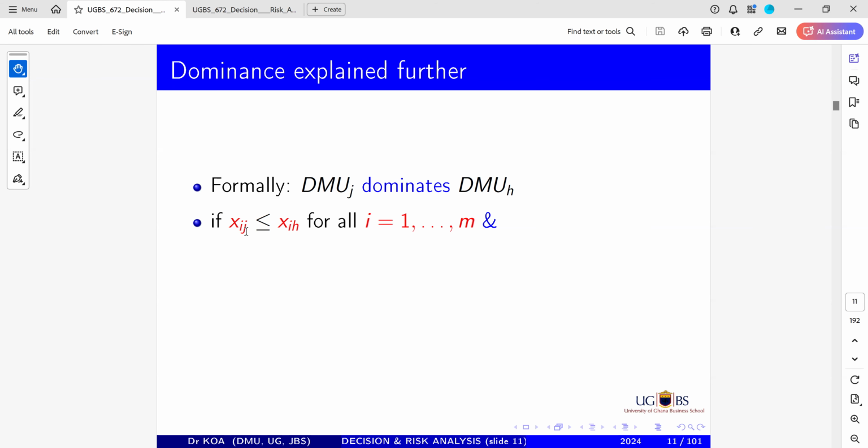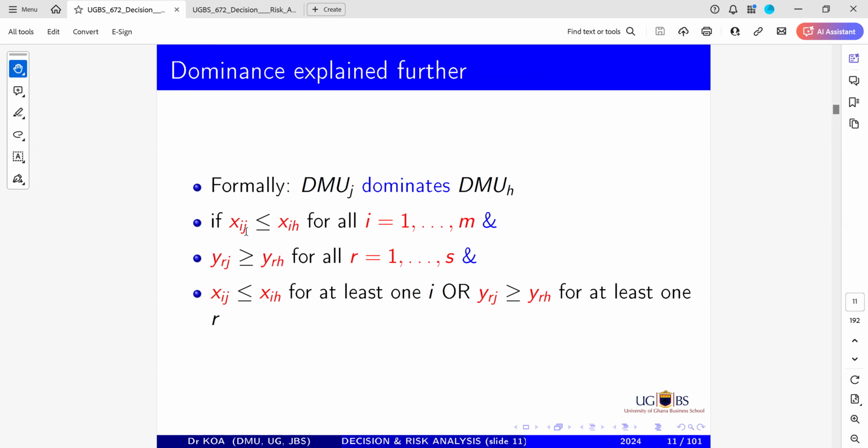But in addition to this point, the output as well: J dominates H if it is producing more output than H. And in addition to that, it's not like it is using less input than H across the board, but J's inputs are less for at least one of the inputs, but not necessarily all of the inputs.